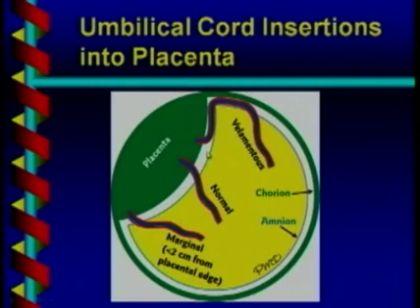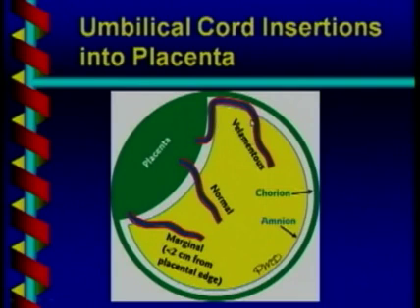And if instead of coming out into the amniotic fluid as soon as it leaves the placenta, it travels under the membranes for a while and only later comes into the amniotic fluid, that's called a velamentous cord insertion, or sometimes a membranous cord insertion. These are also associated with an elevated risk of problems.